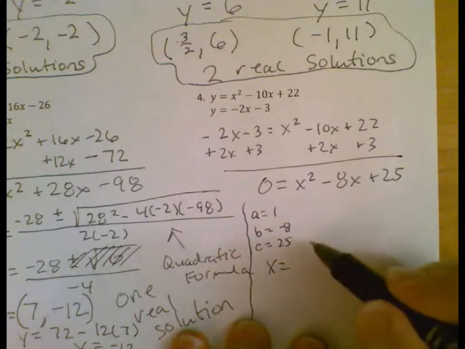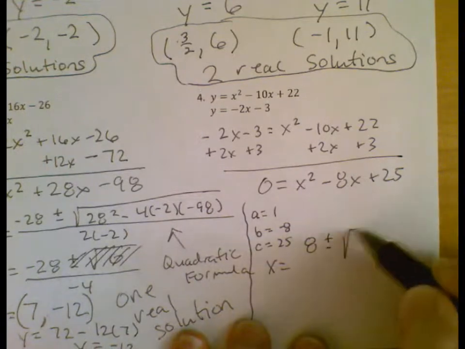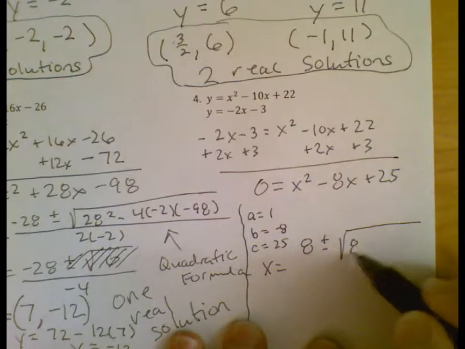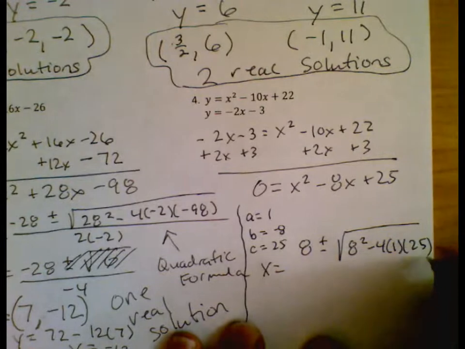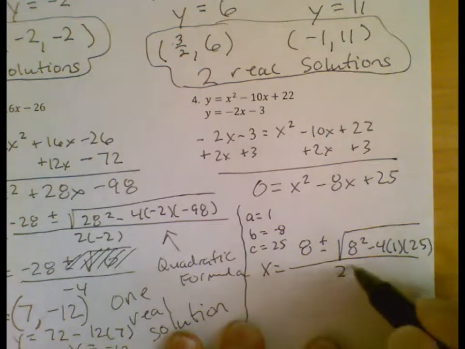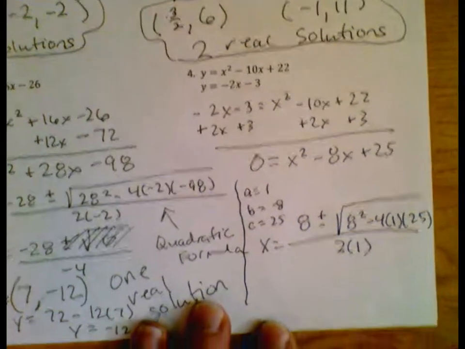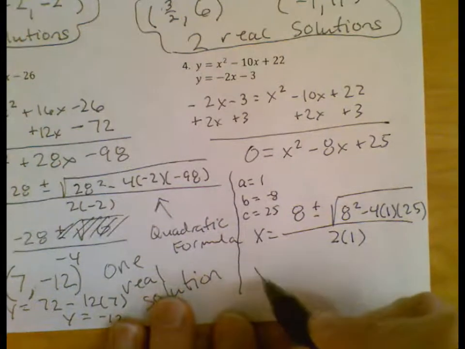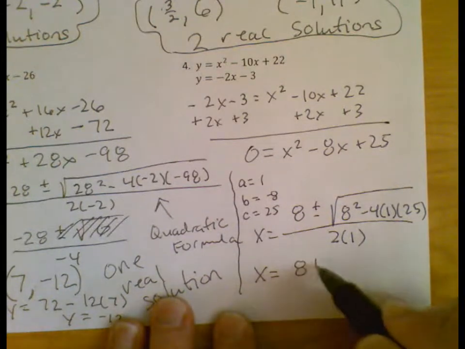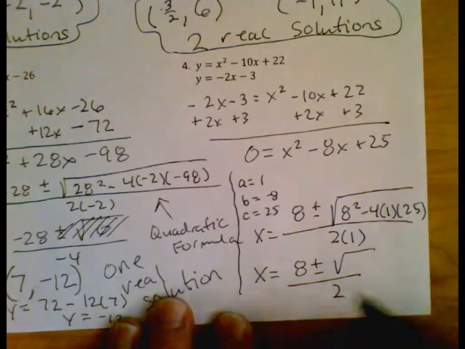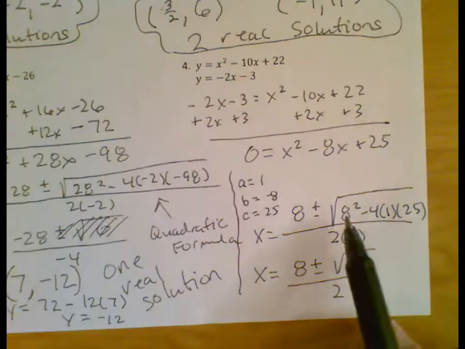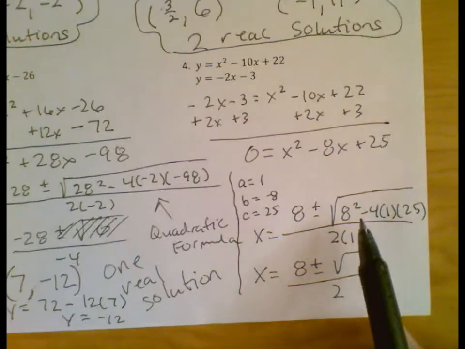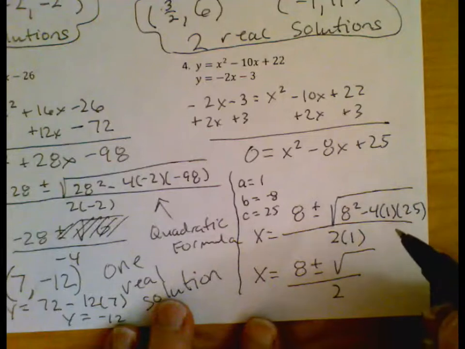So opposite of B, plus or minus the square root of B squared minus 4AC all over 2 times A. Now under my radical, I would do the 8 squared minus 4 times 1 times 25. You end up getting a negative 36.